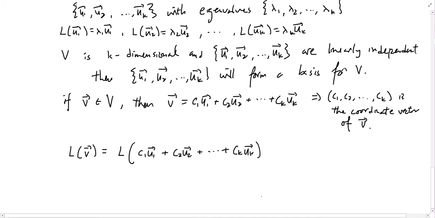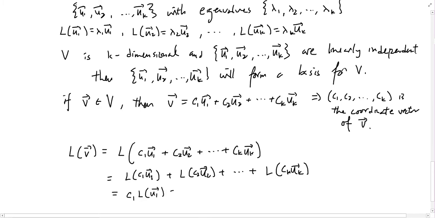Now, because L is a linear operator, I can separate this into L of c1 vector u1 plus L of c2 vector u2 plus dot dot dot plus L of ck vector uk. And next, I also want to pull out the constants c. So it becomes c1 L of vector u1 plus c2 L of vector u2 plus dot dot dot plus c sub k L of vector u sub k.